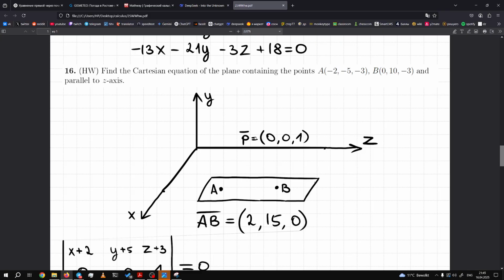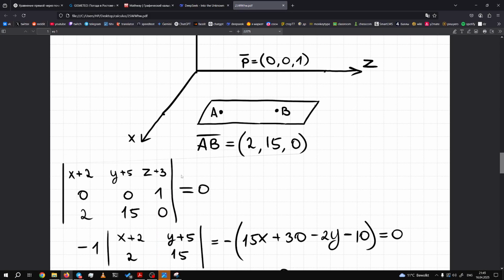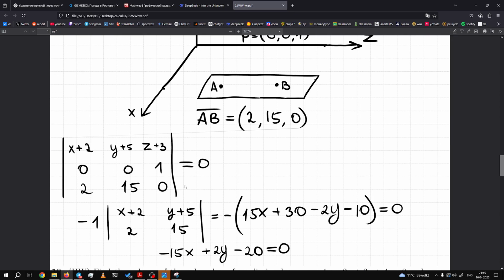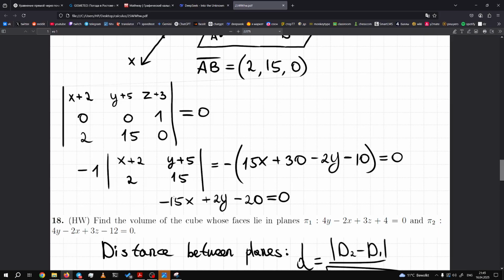For the axis we can just write this vector, the most common vector which is parallel to the axis, and it's also in our plane. And also we have point A. So the same as in the previous task, we find the determinant and get our final Cartesian product.